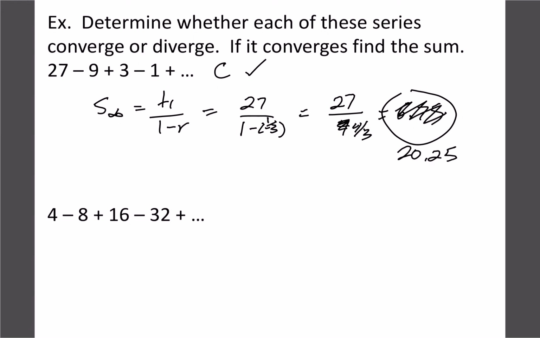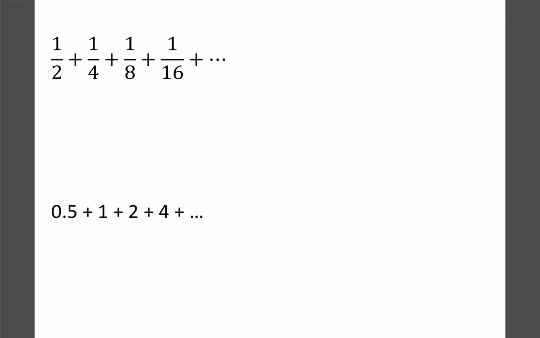So just be careful, our r was negative 1/3, so we have to make sure we put that in the formula. Okay, so our last thing we've got here is 4 minus 8 plus 16, so our r value in this case is negative 2, but because it's bigger than 1, we would say it's divergent, so we can't find the sum in that case. The sum would be just infinity or negative infinity or something like that.